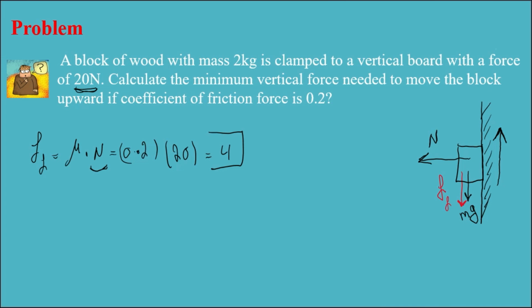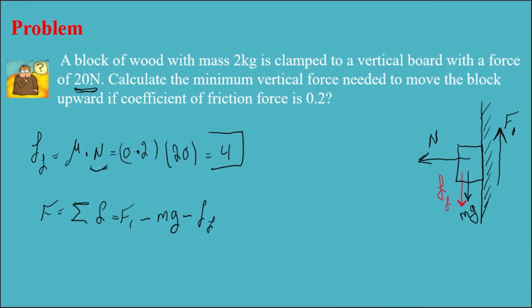So let me write down Newton's second law. F total is equal to the sum of the F, right? I'm gonna write it down in the y direction. So if I call this one F1, my F1 is gonna be subtracted by mg minus FF, right?